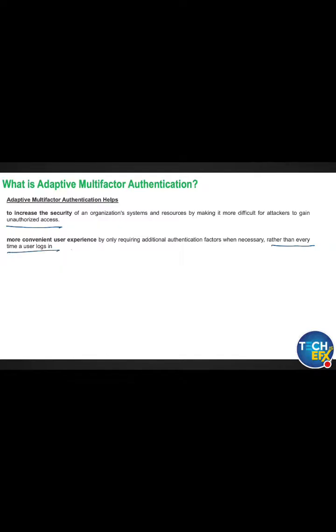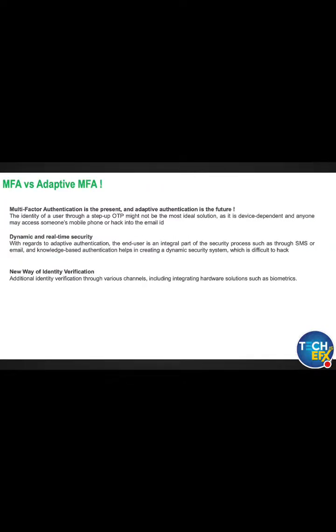Overall, adaptive multi-factor authentication is an important tool for organizations that want to protect their systems and resources from unauthorized access, as it can provide an additional layer of security beyond a traditional user ID and password. Now, let's understand the difference between standard multi-factor authentication and adaptive multi-factor authentication.